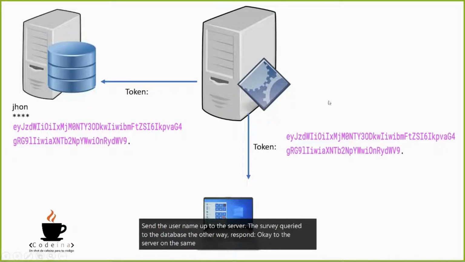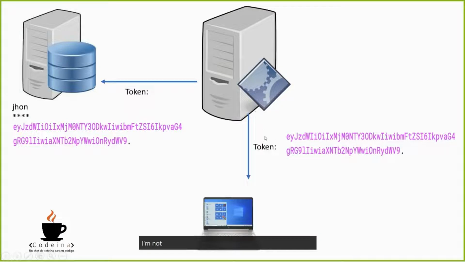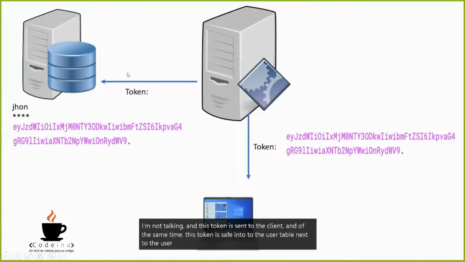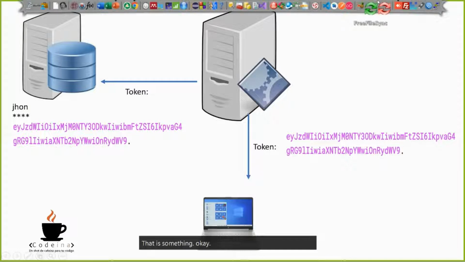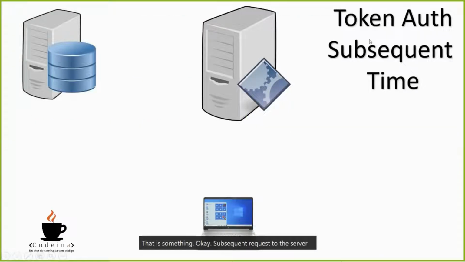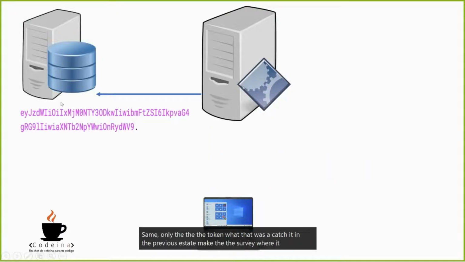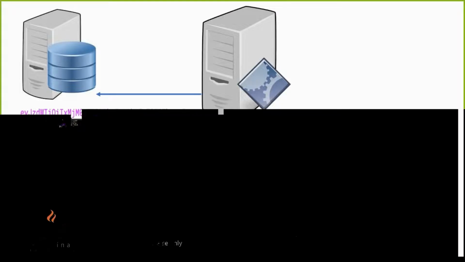The server generates a token, and this token is sent to the client, and at the same time this token is saved into the user table next to the username and password of the authenticated user. For subsequent requests to the server using this technique, the user sends only the token that was cached in the previous step.